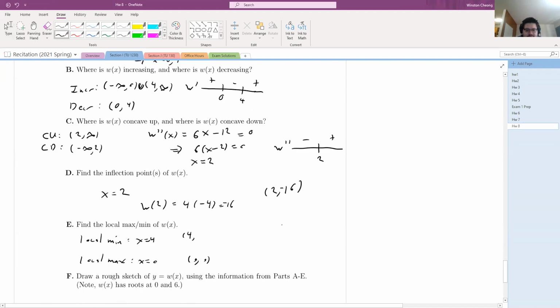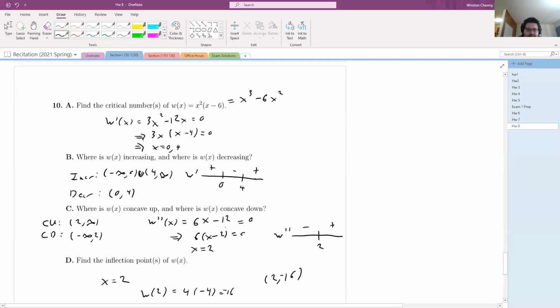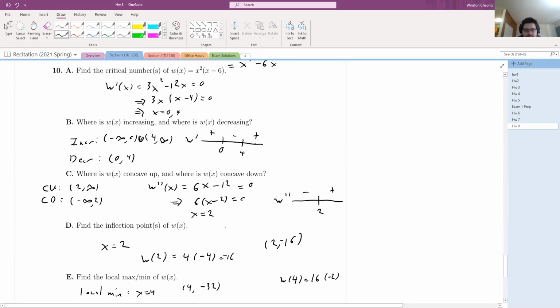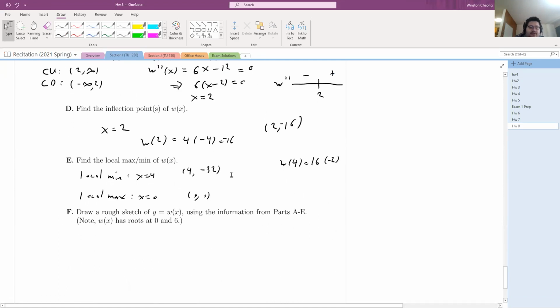Maybe I'll just write that off to the side. W of 4 is equal to 16 times -2, so that's going to be -32. Okay, so we have 3 coordinates that we can use.